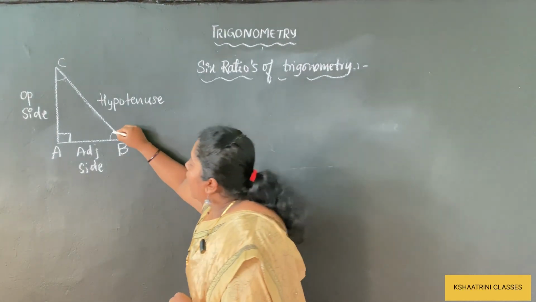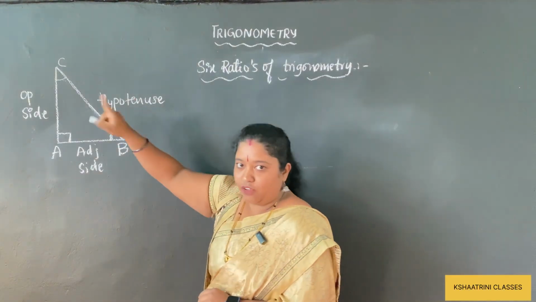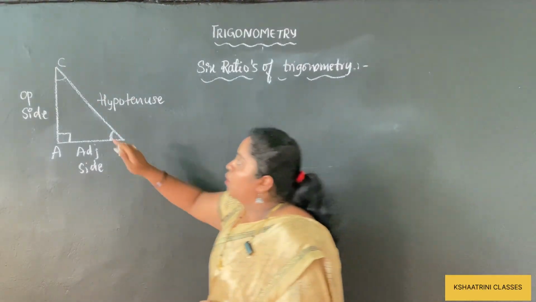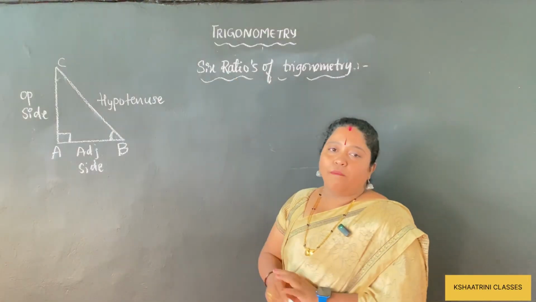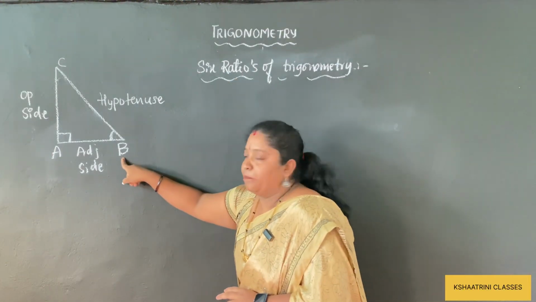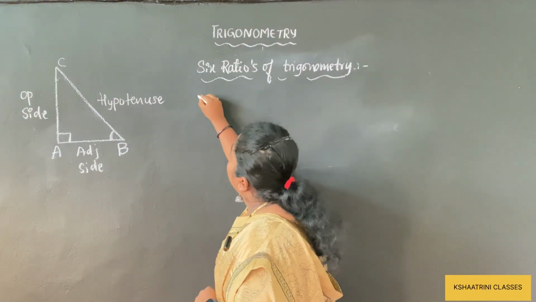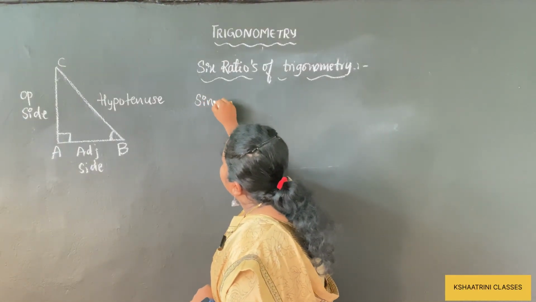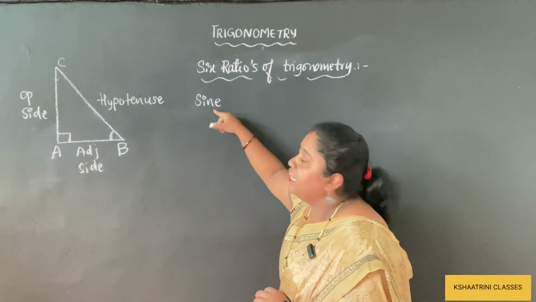I have considered acute angle B for my calculation perspective. So now I will write all 6 trigonometric ratios with respect to angle B.